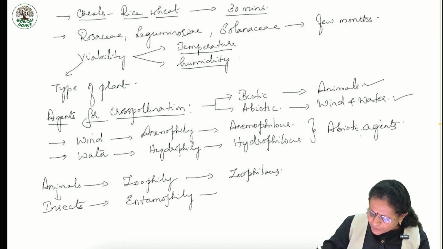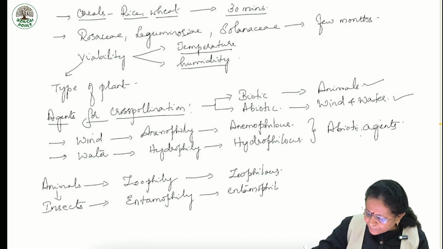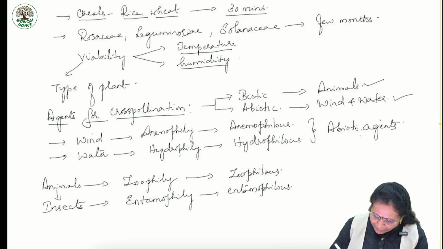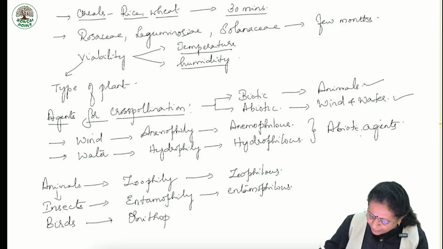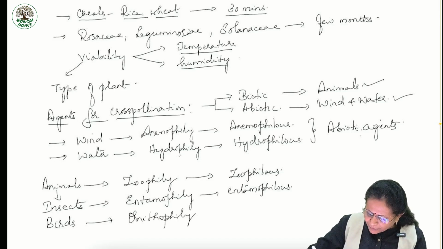Such flowers are called entomophilous. Next, cross-pollination by birds is called ornithophily. Such flowers are called ornithophilous.